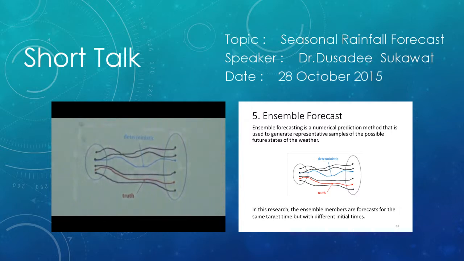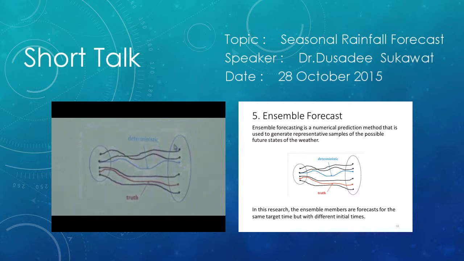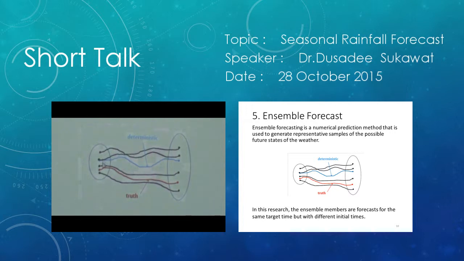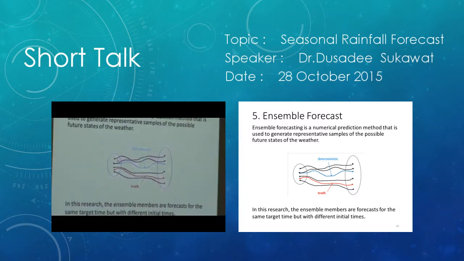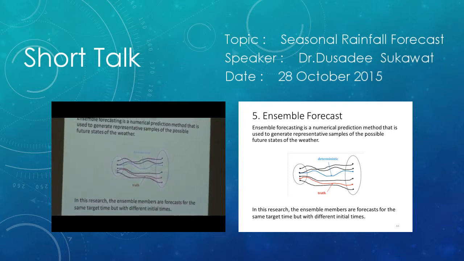So what we call ensemble forecast is that we use several initial conditions to generate several forecasts and find the statistical values, such as the mean or deviation or probability. Today ensemble forecast is done for seasonal forecast in several countries. They use 50 initial conditions, so they have 50 members.